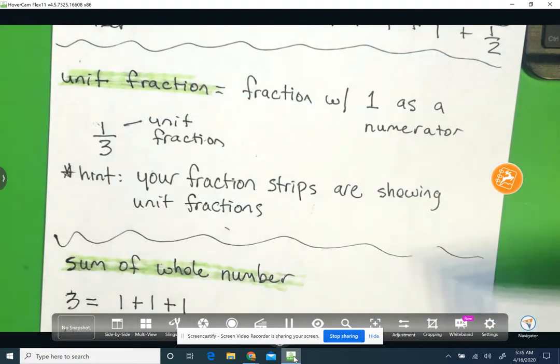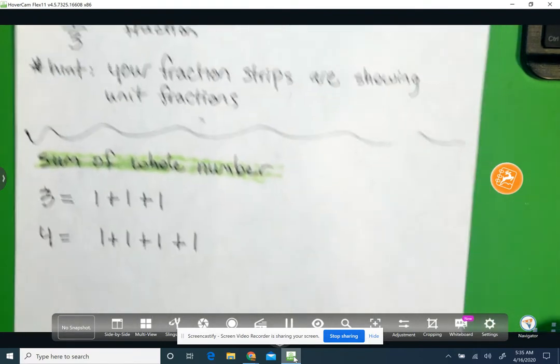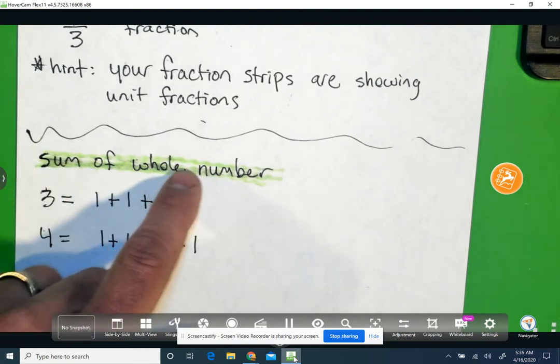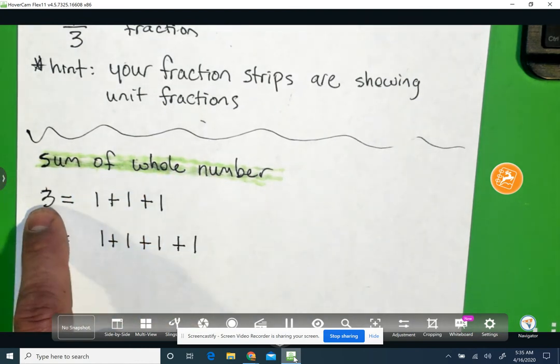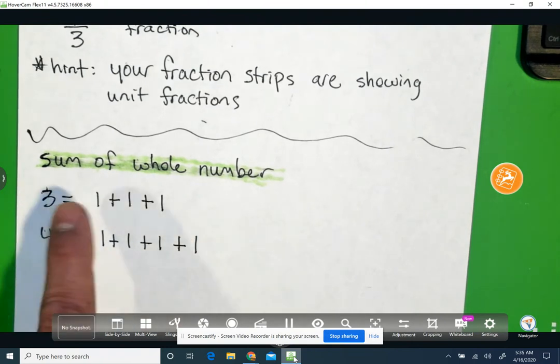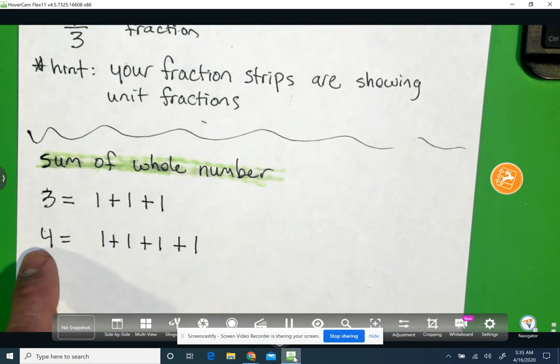Okay, unit fractions. The next vocabulary or direction that we're really going to want to pay attention to is sum of a whole number. 3 is the sum of 1 plus 1 plus 1. 4 is the sum of 1 plus 1 plus 1 plus 1.